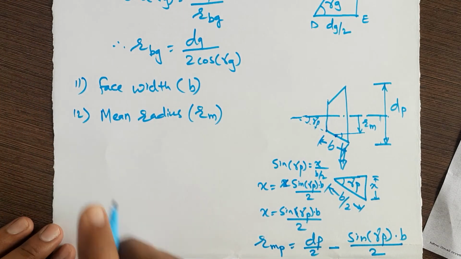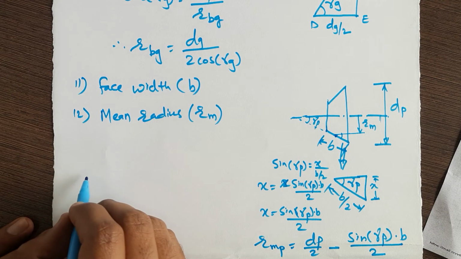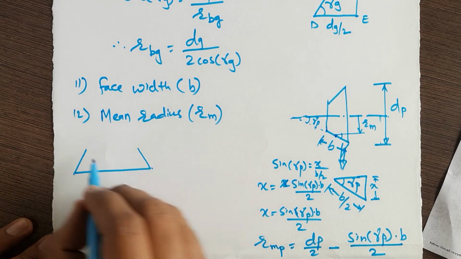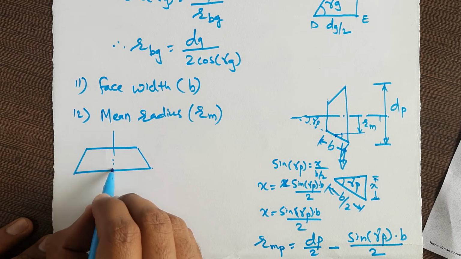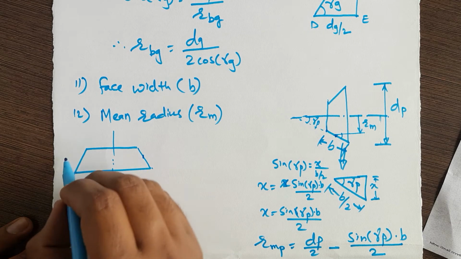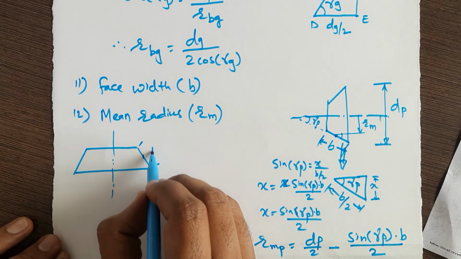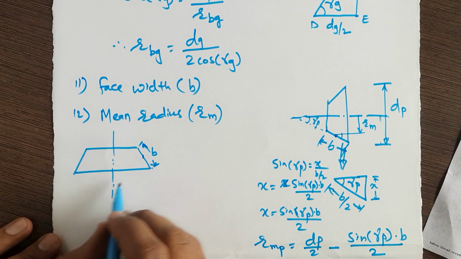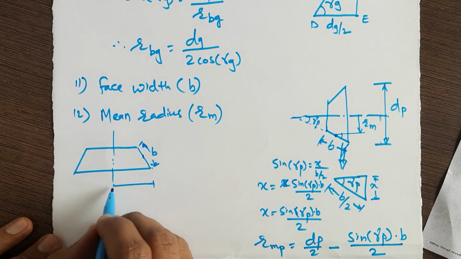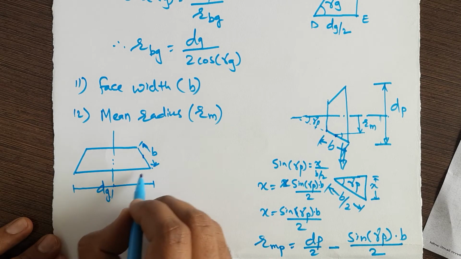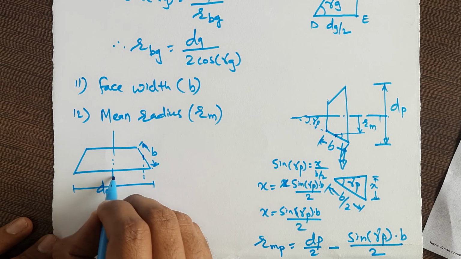Similarly for the gear, if you are considering the gear, it will be like this, this will be the axis of rotation, and here this total length will be b. This distance is dg, and here rm will be somewhere here.